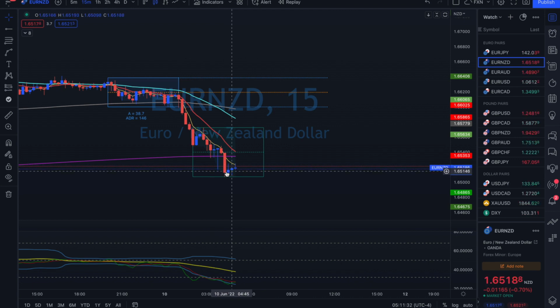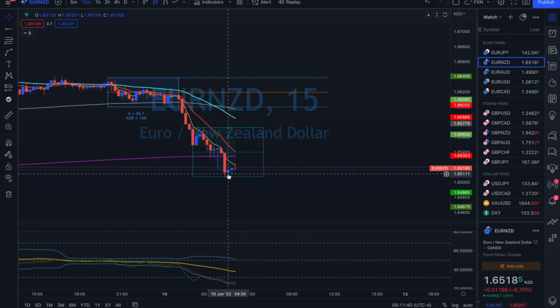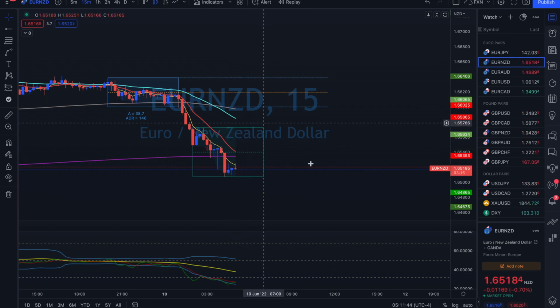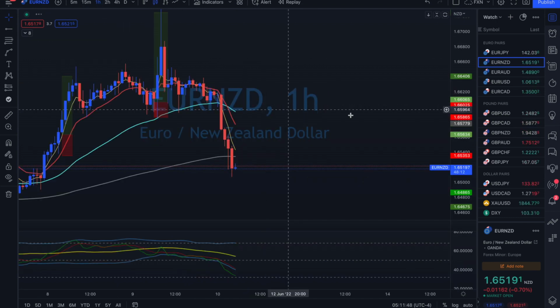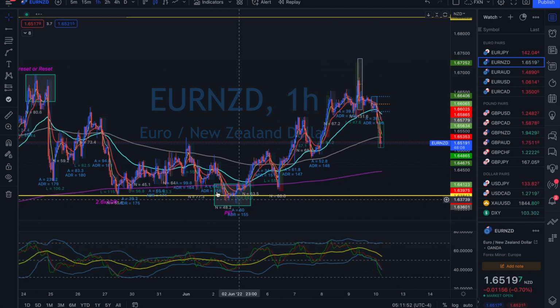I'm thinking this could be the first leg, and this could be the second leg, as market makers want to push price down and get more sell orders, so they can then go up and do more buying. Right now, I'm looking for buys only because we're coming off of a peak formation low.